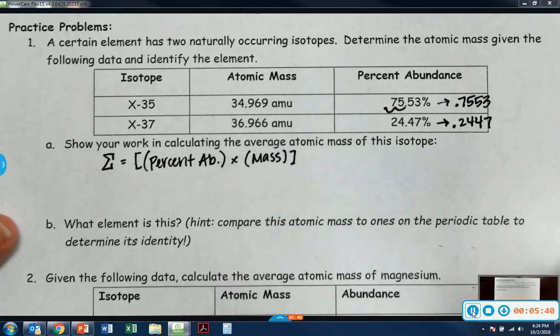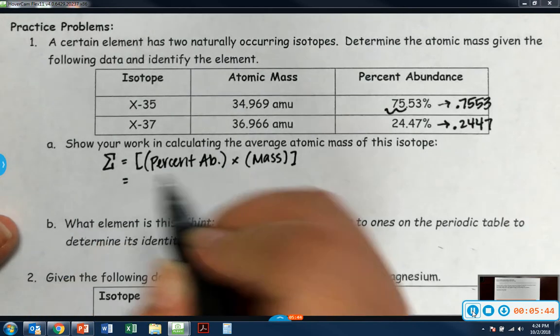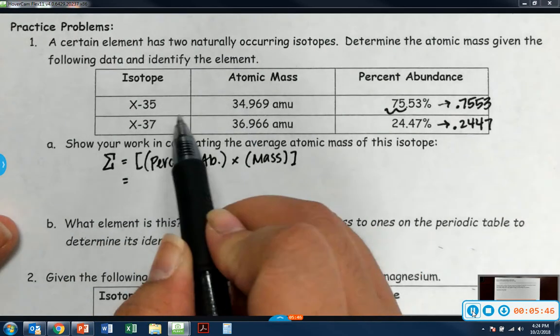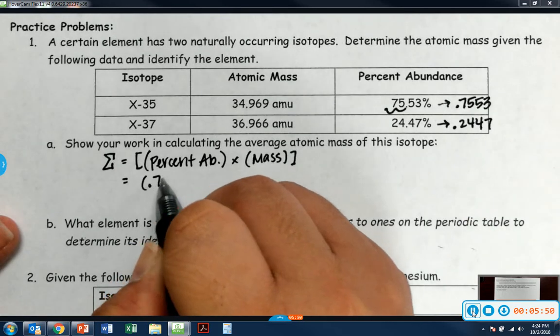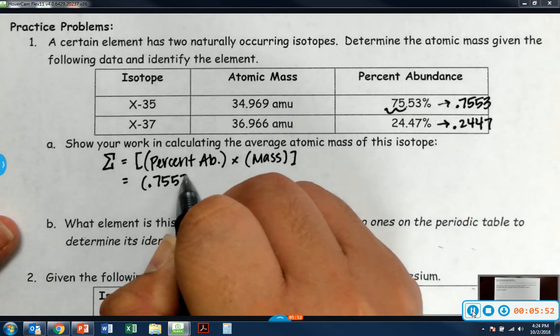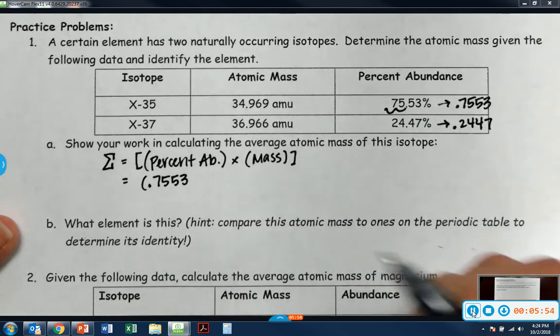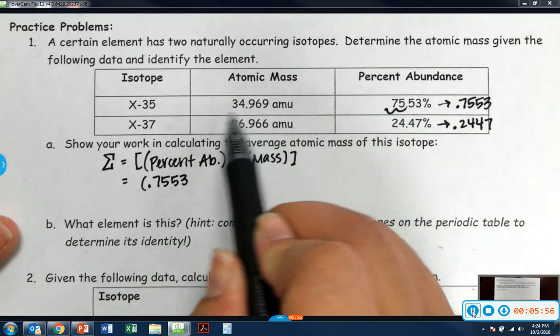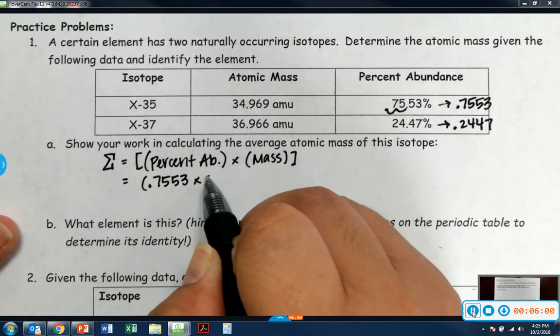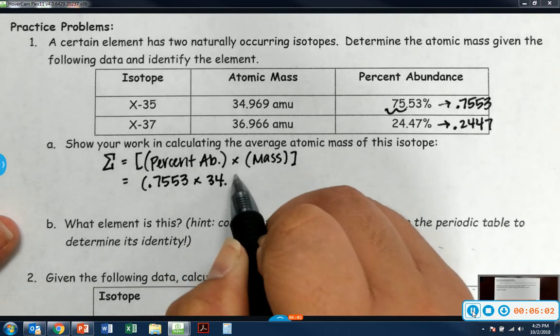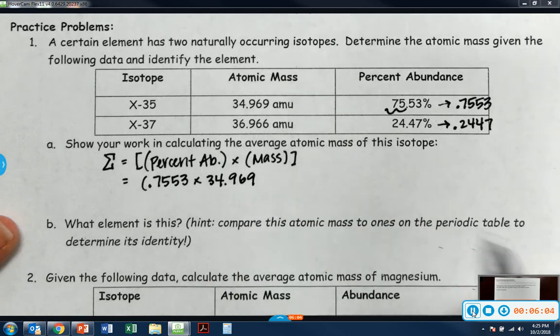So for our first isotope, X35, that's 0.7553 times 34.969.